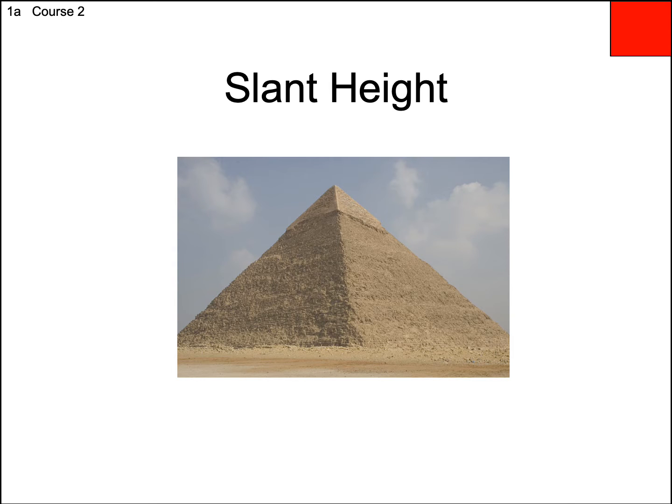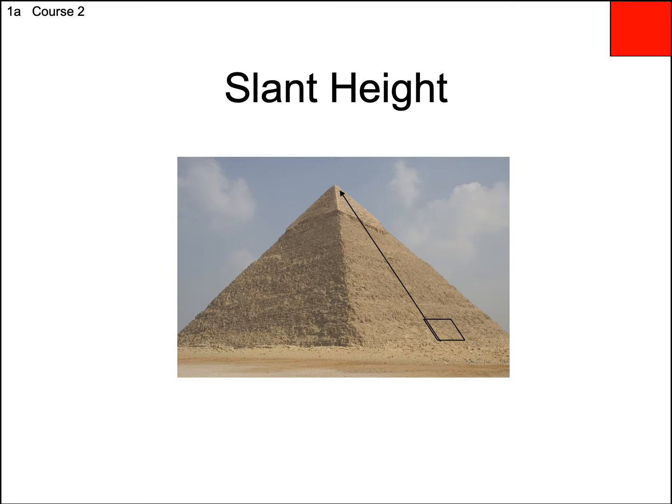All right. Today we're going to be doing something called slant height. So here's a pyramid of Giza in Egypt, outside of Cairo. And slant height, the easiest way is to think of yourself if you were allowed to climb along the outside of this pyramid. You had a couple of options. You could travel up one of the corners. You could also travel up the center right there.